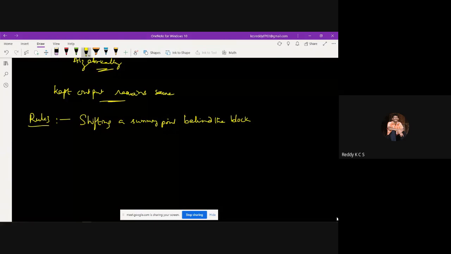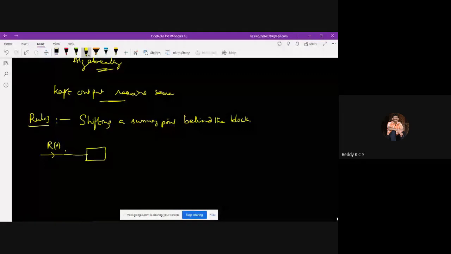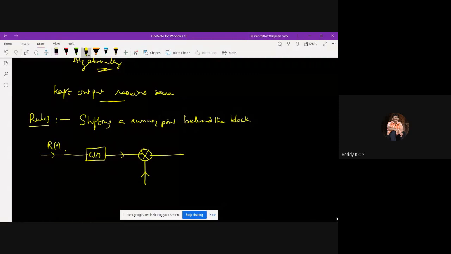What is the summing point? In a block diagram, say for example, there is R of S, and you have a block here, G of S, and a summing point over here, and this is the C of S.